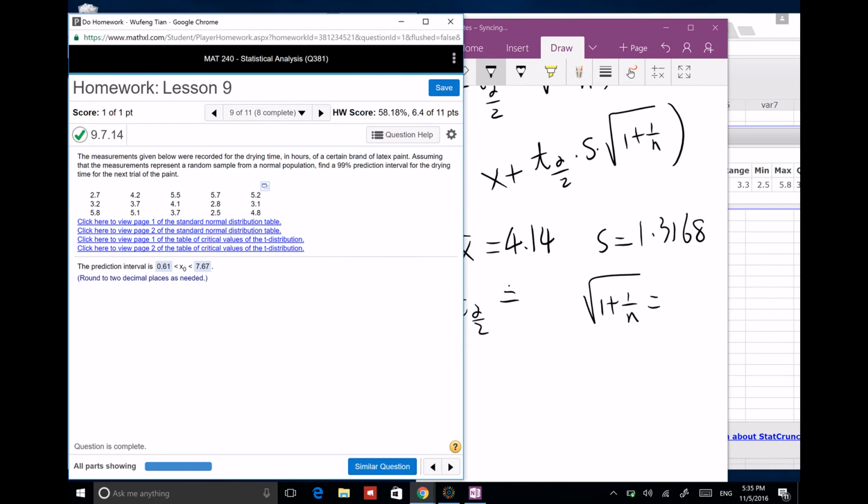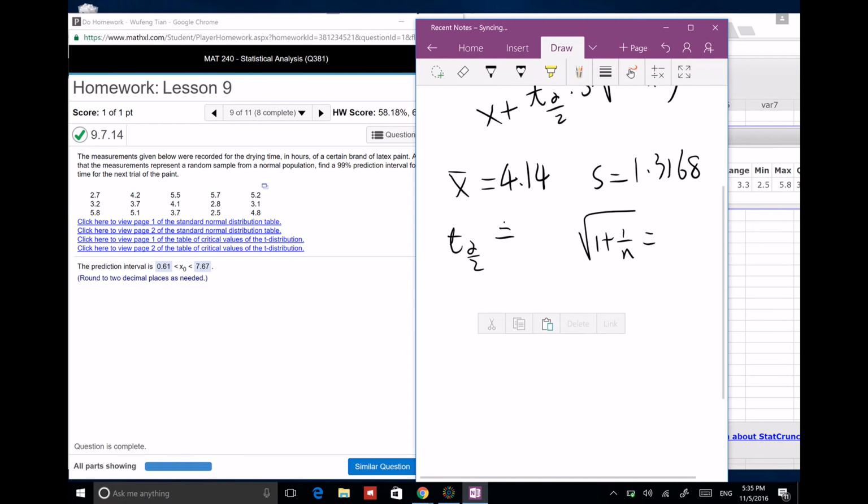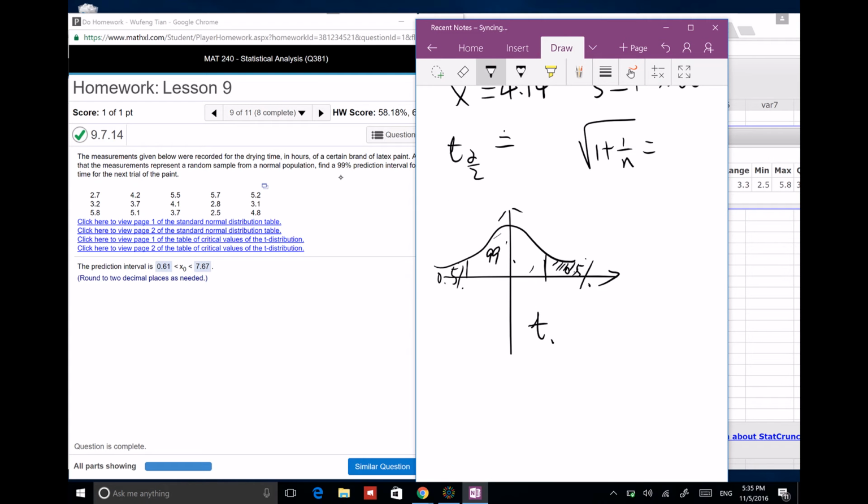It says 99%. So 99% is in the middle, and on both sides it is going to be 0.005 and 0.005. The t-distribution is the same idea, with the tails on both sides. So we are looking for t 0.005, because 0.5% equals 0.005, and the degrees of freedom is n equals 15 minus 1, which is 14.